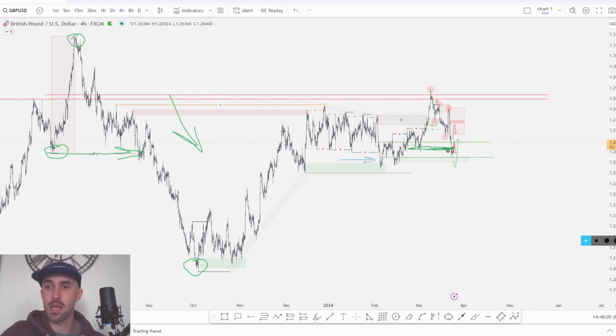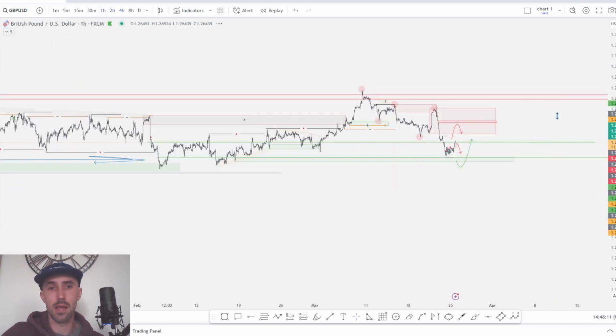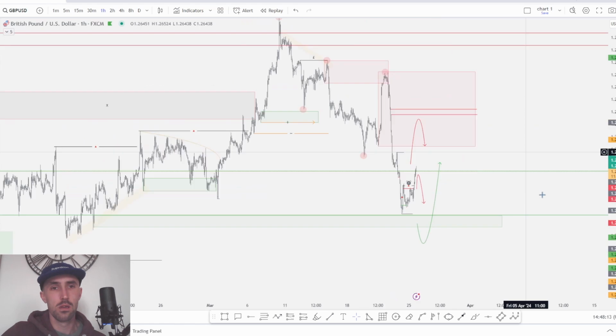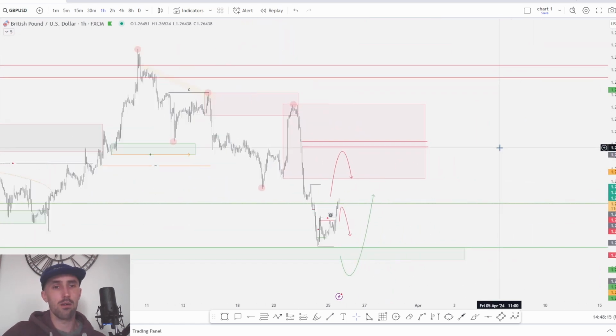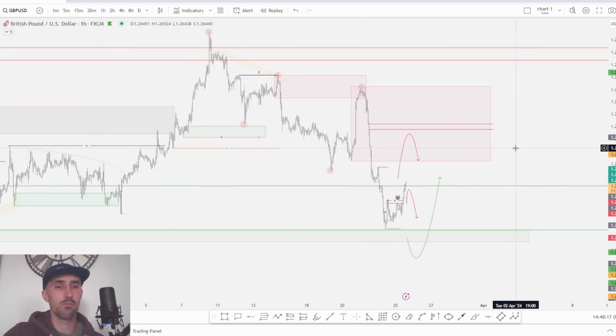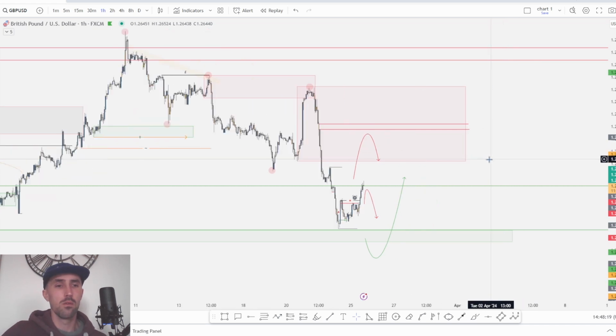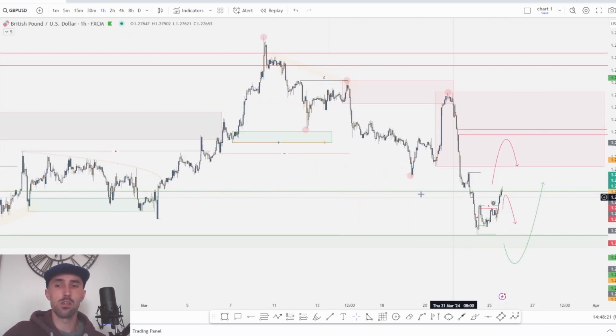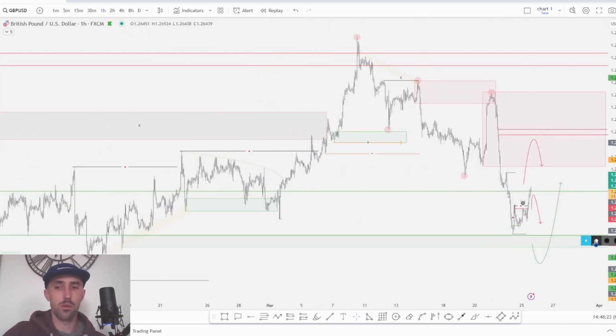So if we come down to the hourly now, you'll see the same principle at play. You can see here on the hourly time frame, if we've just confirmed bearish price action, what is the low that we'd want to take out to confirm this price action? Well, if we highlight this, you can see the price action that was bullish right here.